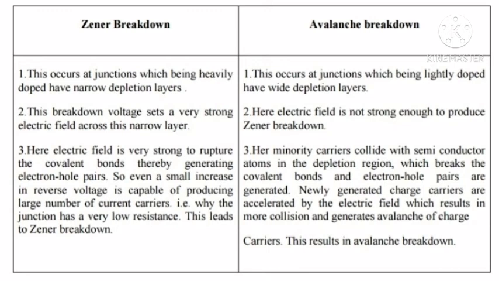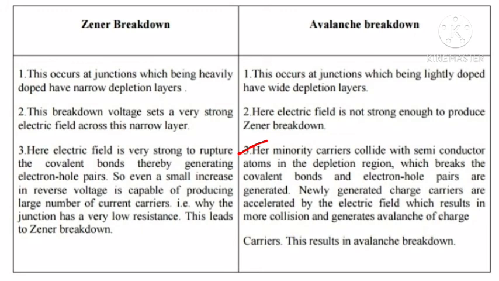Now see the third point on the right side. Here for the avalanche breakdown mechanism, minority carriers collide with semiconductor atoms in the depletion region, which breaks the covalent bonds, and electron hole pairs are generated.